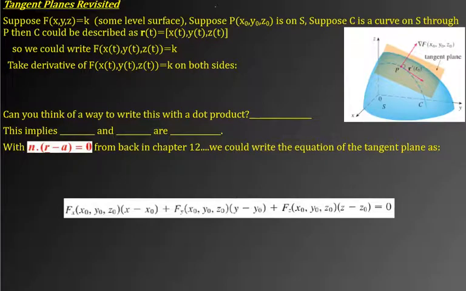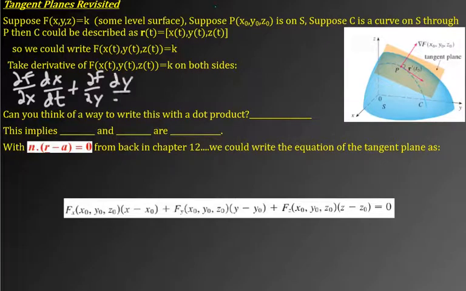What we would get is the partial of f with respect to x, times the derivative of x with respect to t, plus partial of f with respect to y, times the derivative of y with respect to t, plus partial of f with respect to z, times the derivative of z with respect to t. And the derivative of the k part is just 0, since it's a constant.